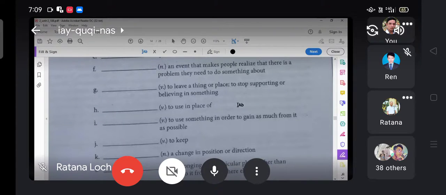Okay, G, to leave a thing or place, to stop supporting or believing in something. Abandon, teacher. Correct, yes. Abandon your language, abandon your home. Abandoned city, you know abandoned city? Abandoned house, so a house without people living in it.